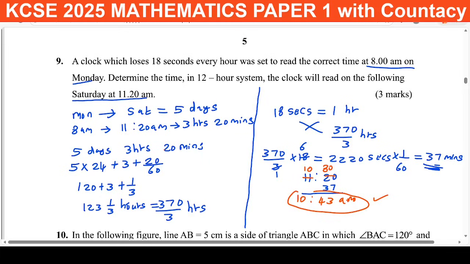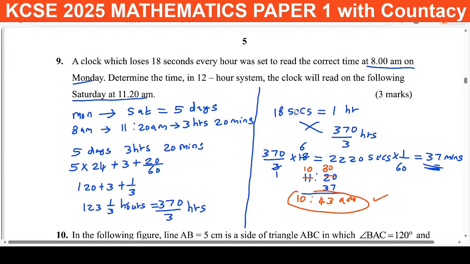For me, I believe that was really an interesting one, especially getting to know how to subtract time and whether you are able to convert the lost seconds and pile them up together.